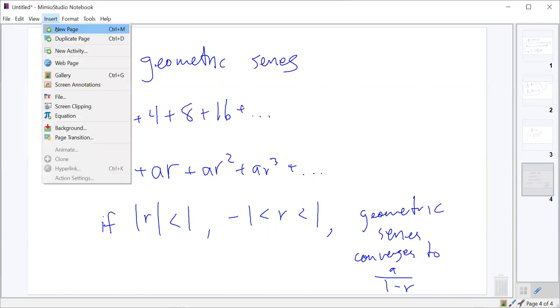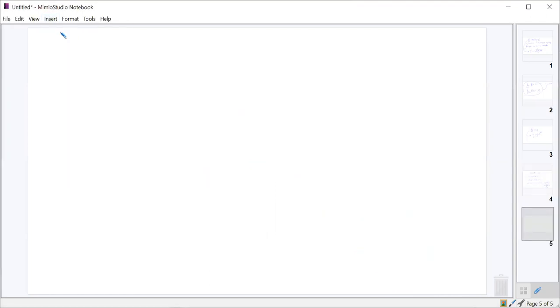Okay. So then the next thing that we did, if I remember correctly, when we're talking about series, is we said, let's take a look at this series of 1 plus x plus x squared plus x cubed and so on, which is just a geometric series with the common ratio being x.